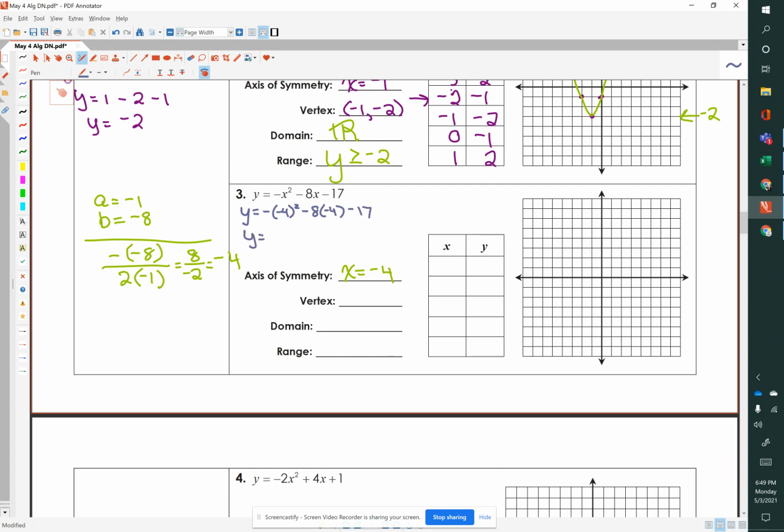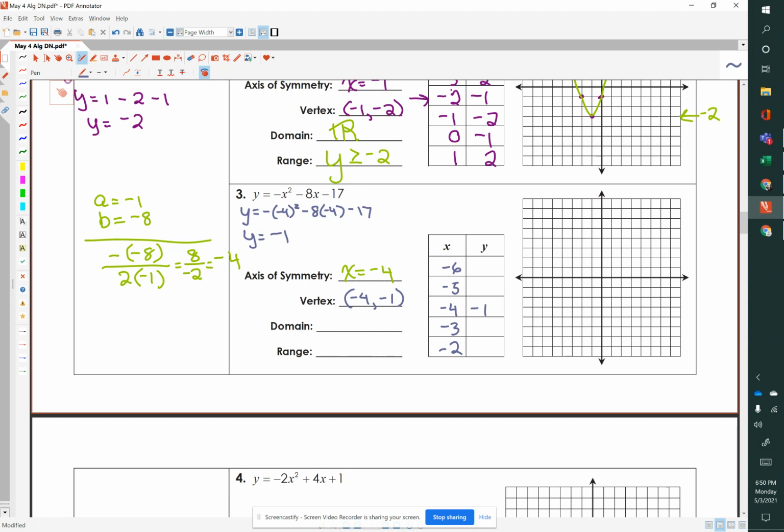And when we evaluate all of that, y equals negative 1. So our vertex is the ordered pair (negative 4, negative 1). So let's put that right in the middle. And let's evaluate this for negative 5, negative 6, negative 3, and negative 2.